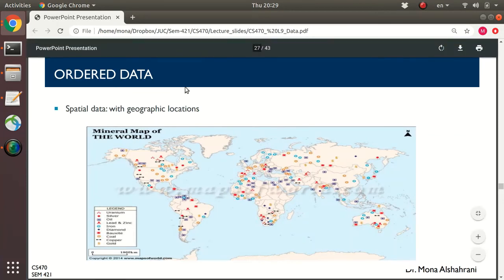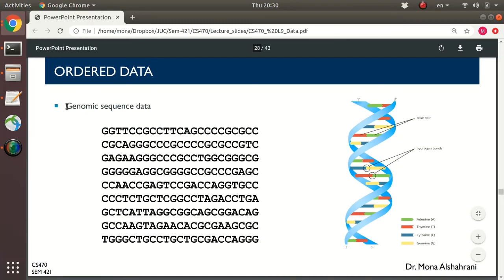Also, there is ordered data, where we care about the order of points, and this applies to spatial data, for example, with regard to geographical locations. Another example of ordered data is genomic sequence data. In genomic sequences, you have the chromosomes that actually make up the DNA of the human being.